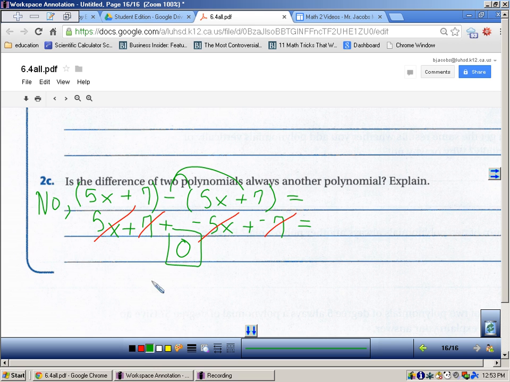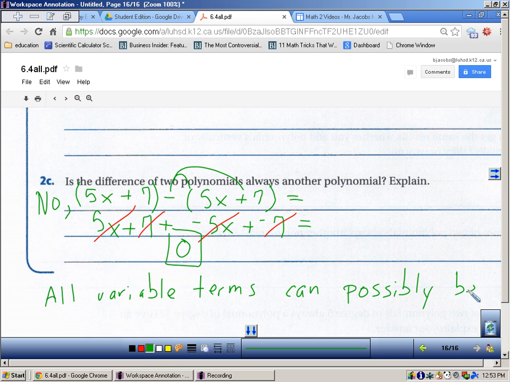For example, here it is. The next sentence would be: all variable terms can possibly be canceled or eliminated, leaving just a constant.